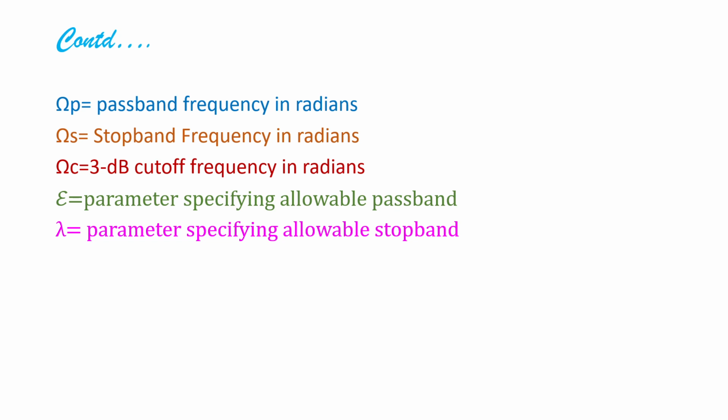These are very important parameters, and from the next lecture, when we derive the transfer function of the Butterworth filter, we will use this abbreviation, omega p, omega s, omega c, epsilon, lambda, everywhere. So please remember this.